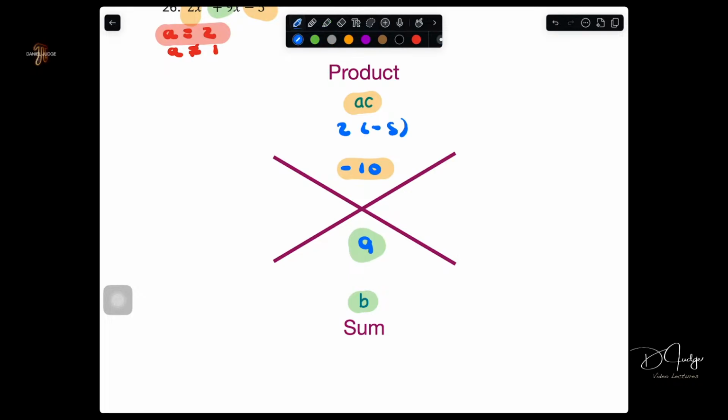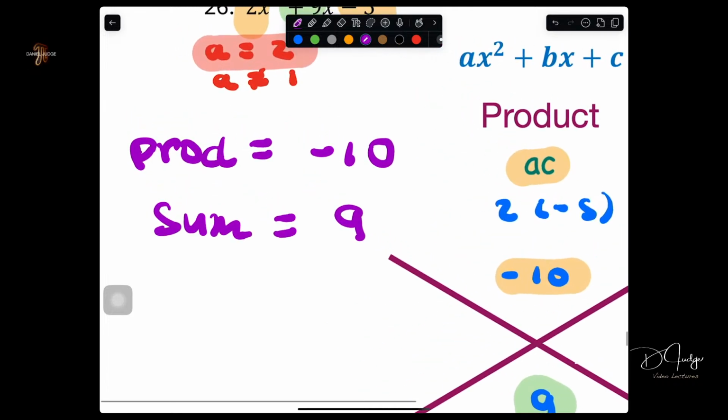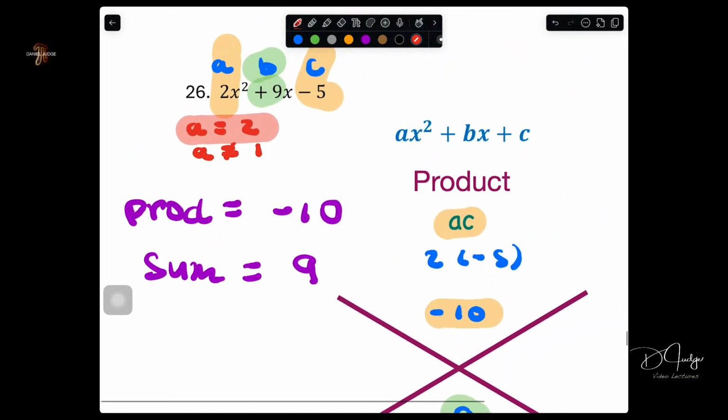So we need two numbers multiplied together. Product is negative 10, but whose sum is positive 9. Two numbers multiplied together, product is negative 10, sum is 9. Well, in order to get a product that's negative, one of them is positive, one is negative.